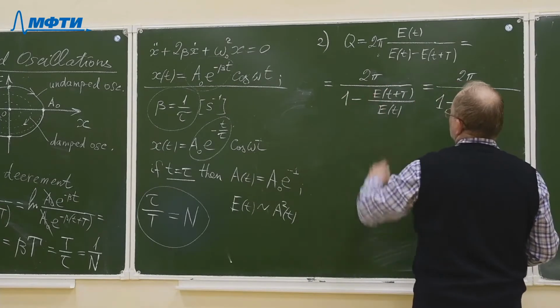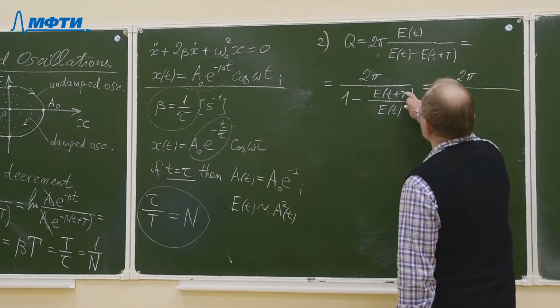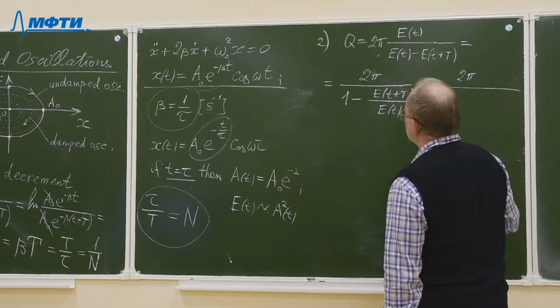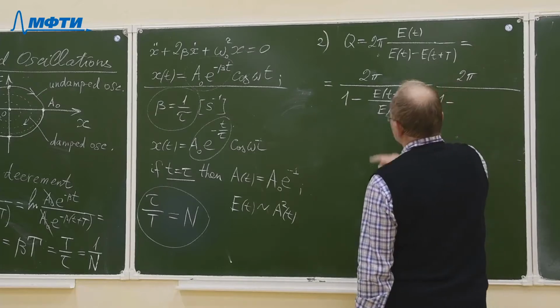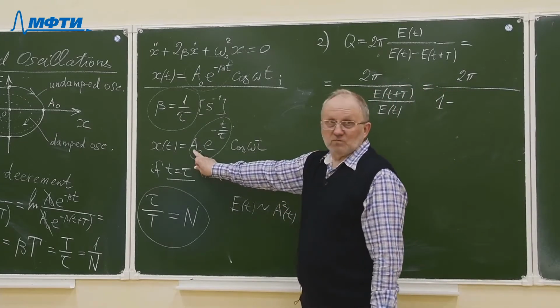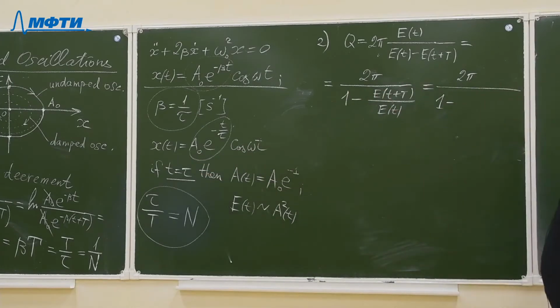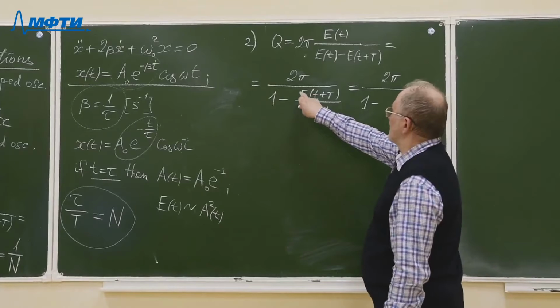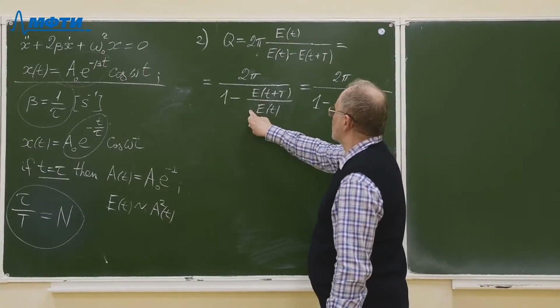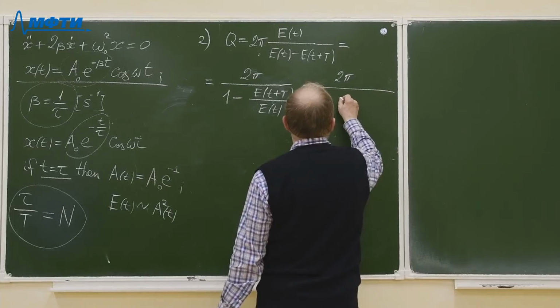So this energy is proportional to the amplitude squared. I have to take the amplitude squared. Certainly A0 squared will cancel in this ratio. A0 squared will be both in numerator and denominator, and I will have to take into account only the exponential factors.